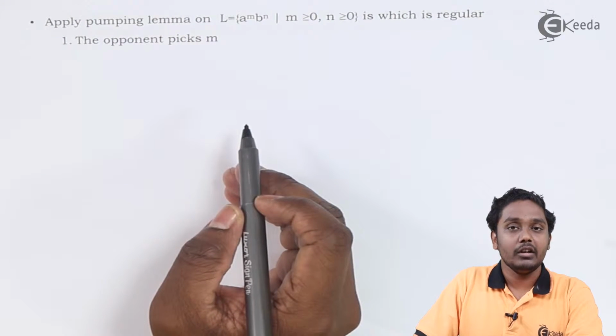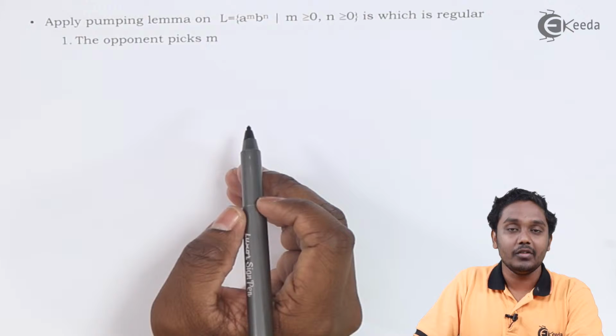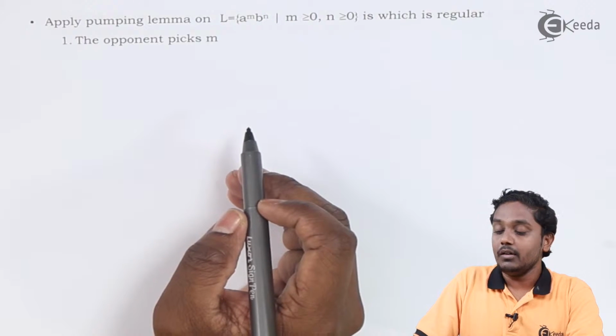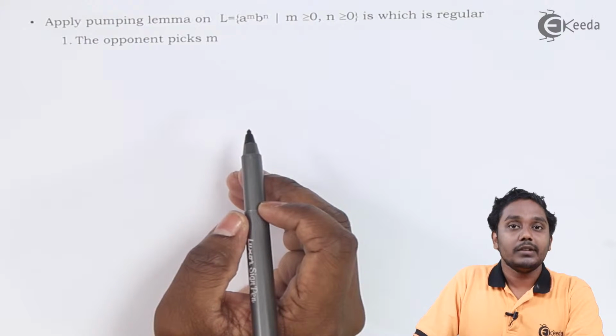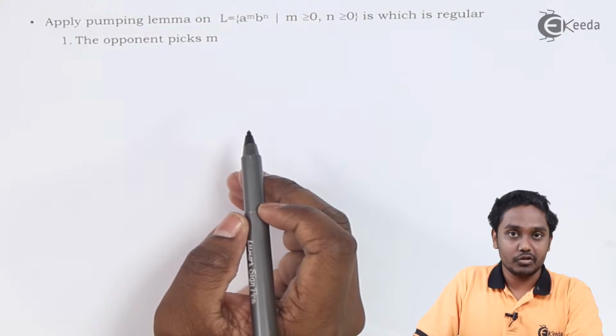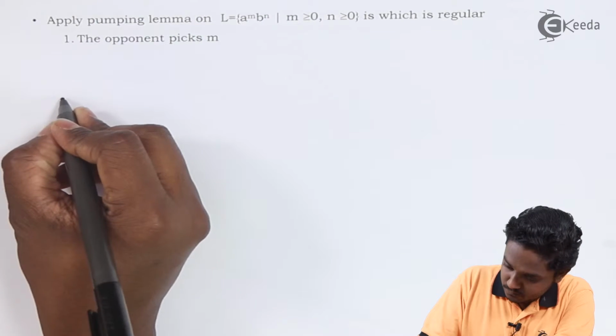We have seen the strategy. In this strategy, the first thing we are supposed to do is select a number m. For a regular language, m is the number of states. For that, let us try to draw the finite automata for this regular language.